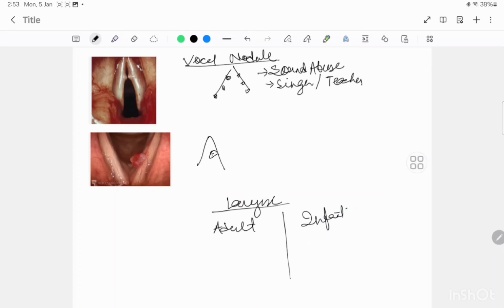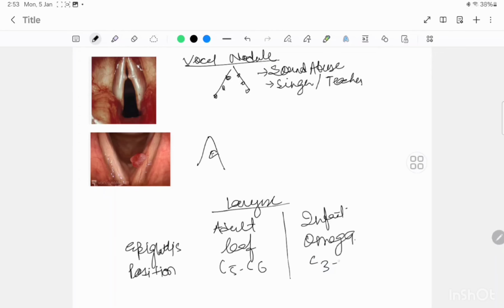In the adult larynx, the epiglottis is leaf shaped, and in infants it is omega shaped. The position of the larynx in adults is C5 to C6, and in infants C3 to C4 is the position of the larynx.